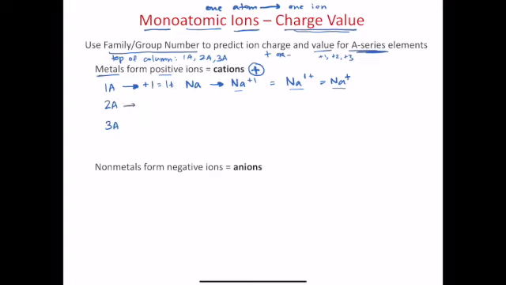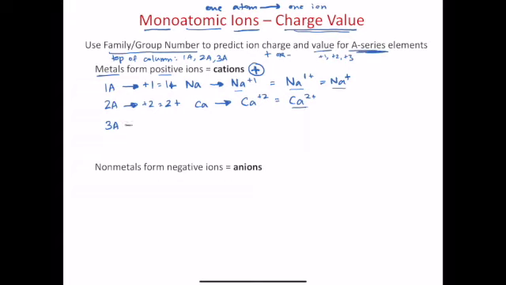Okay, family 2A elements. So this is that entire column of elements forms +2 or 2 plus. Okay, that's the same thing. So if you take any element in that column, like calcium, calcium forms a +2, or you could write it 2 plus. And this one is considered the more formal way of writing calcium 2 plus.